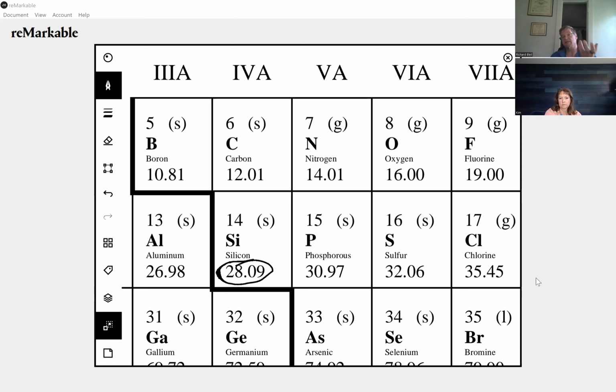So you're going to get silicon 28. You're probably going to get silicon 29. I'd have to look it up to make sure I have the exact right isotopes. But it's going to be 90% silicon 28 and only 10% silicon 29. So the weighted average is only slightly above 28 because you have so much more of one than the other. That's what I mean when I say the weighted average.